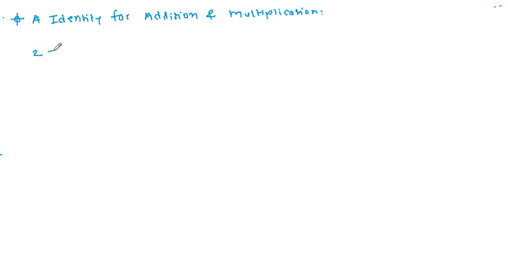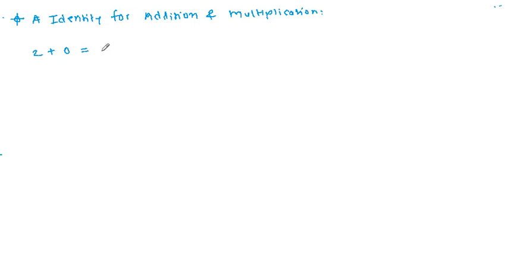Now let's learn another property for whole numbers, identity for addition and multiplication. This is called identity for addition and multiplication. Now let's take an example. 2 plus 0. We know 2 and 0 are both whole numbers.